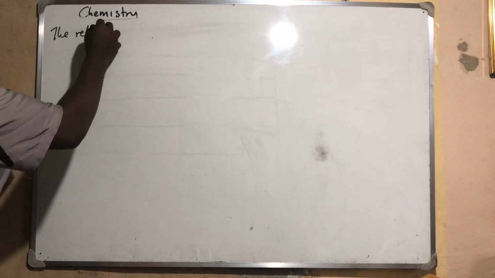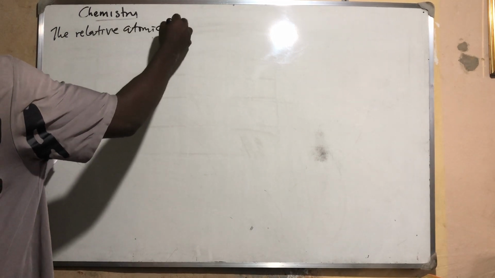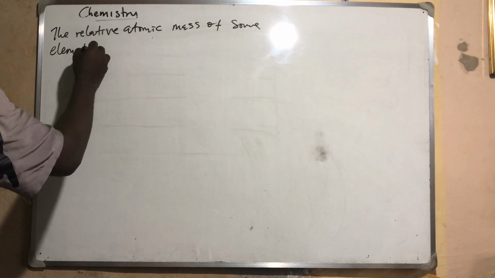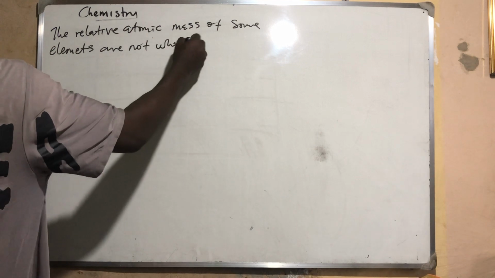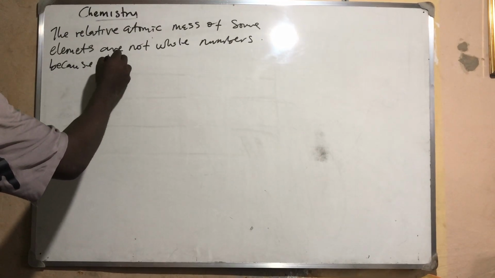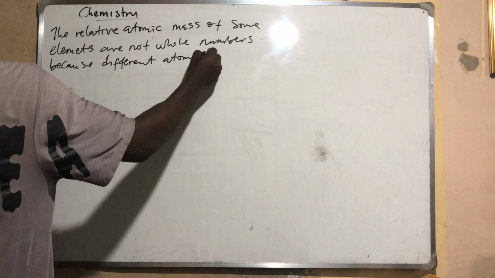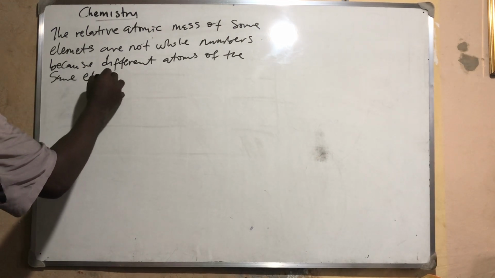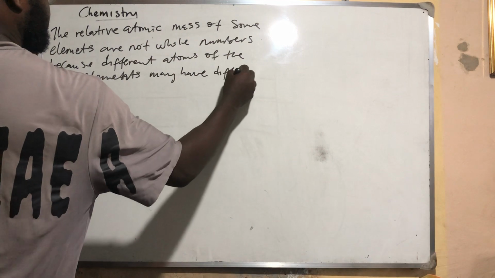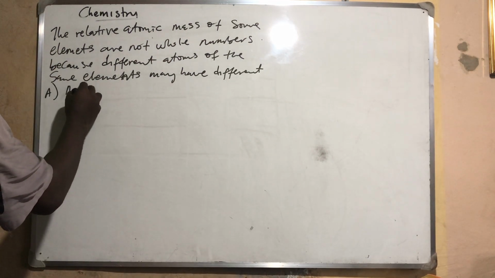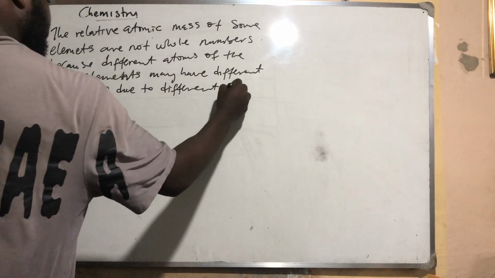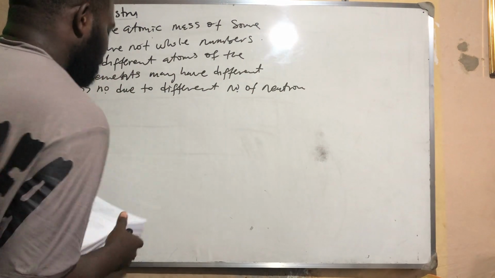The relative atomic mass of some elements are not whole numbers because different atoms of the same element may have different mass number due to different number of neutron. In fact, I don't need to write the rest, but that is the answer.